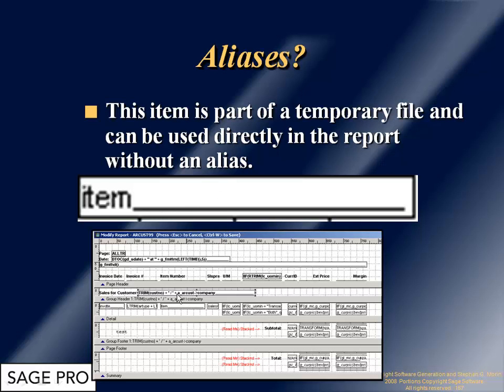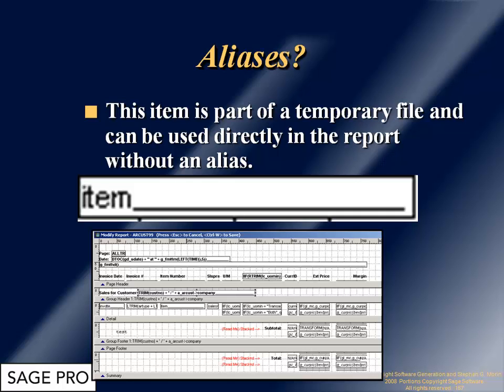If I had put A_ARCust-arrow company instead of just putting company, then it probably would have worked. Because I would have said, I understand that information is not in the temp file we're using for the report. It's in a related file called A_ARCust. Now that's simply the ARCust file.